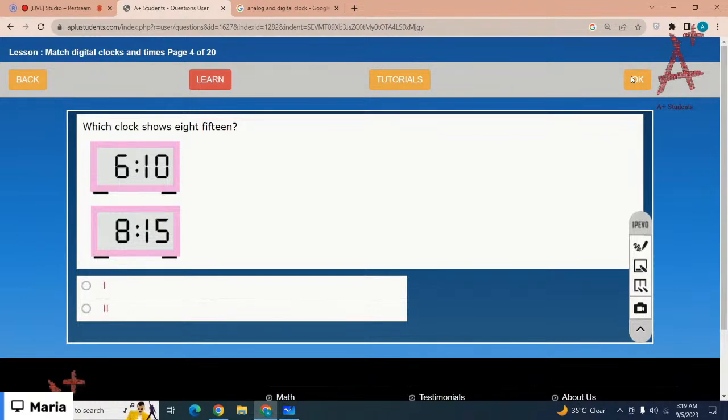So which is the correct option? 8 hours and 15 minutes. That would be the second option, right?